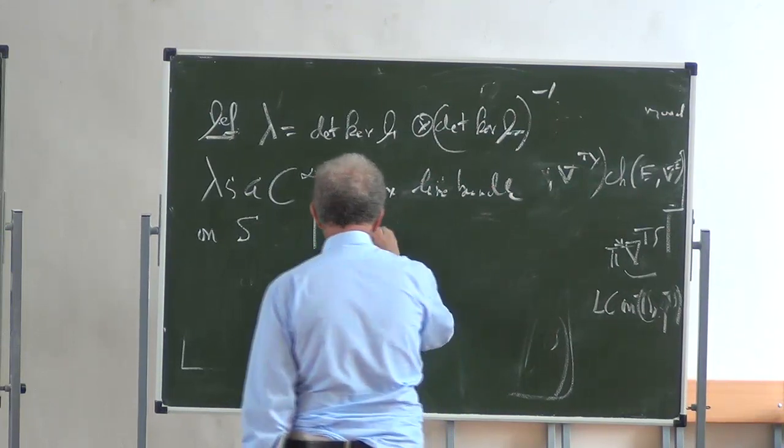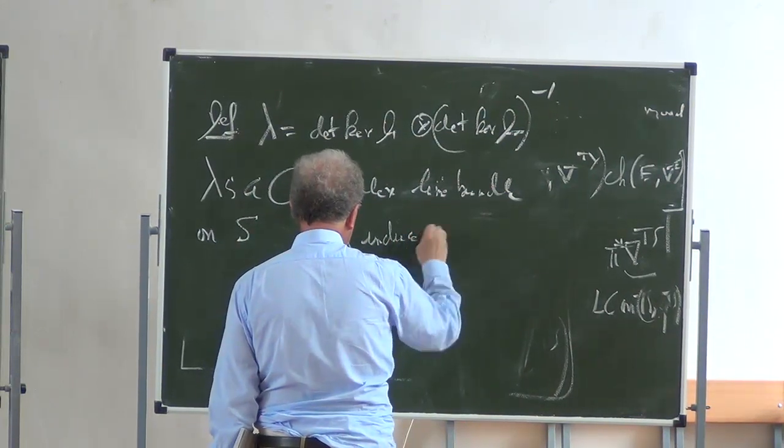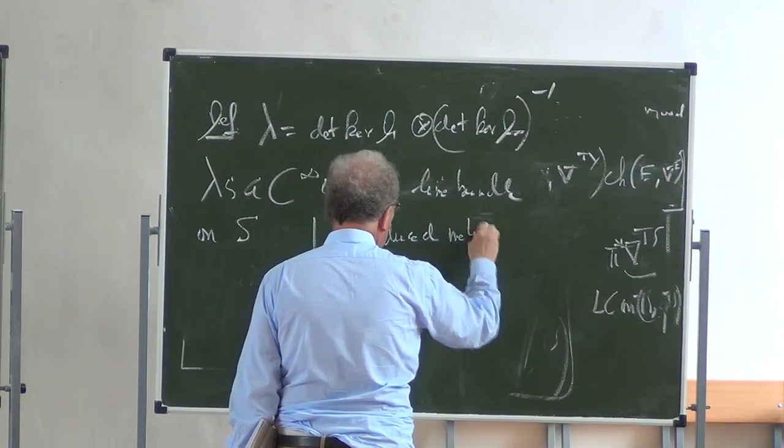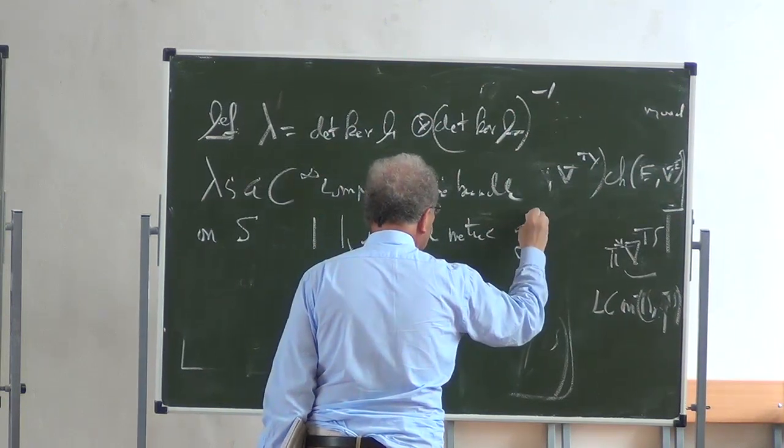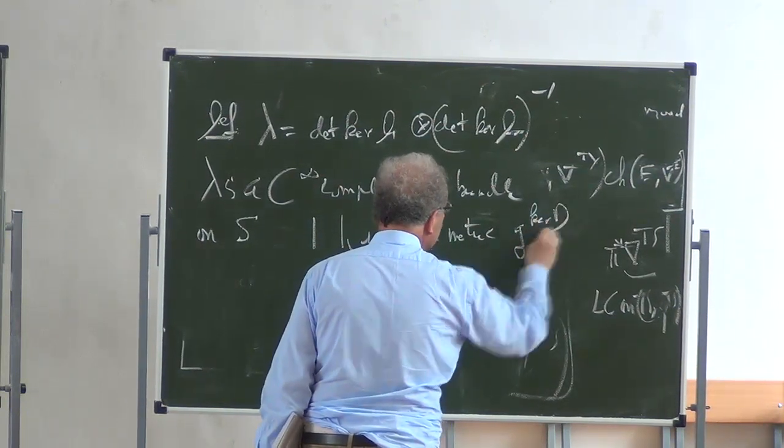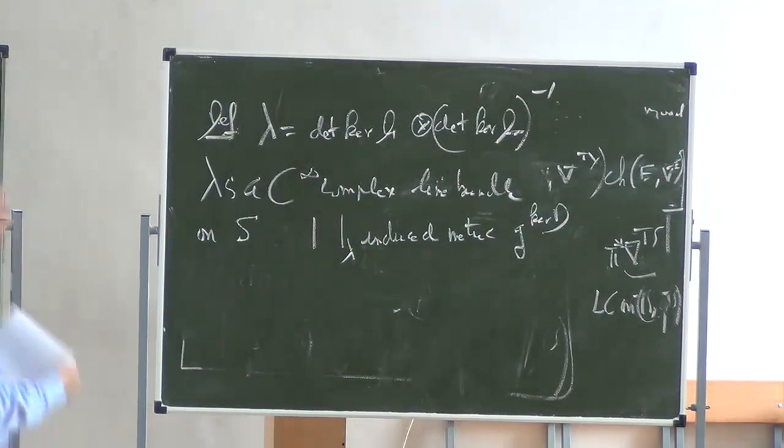This is the induced metric from the metric on the kernel of D. So the kernel of D inherits the L2 Hermitian product, and so the determinant bundle inherits this metric.